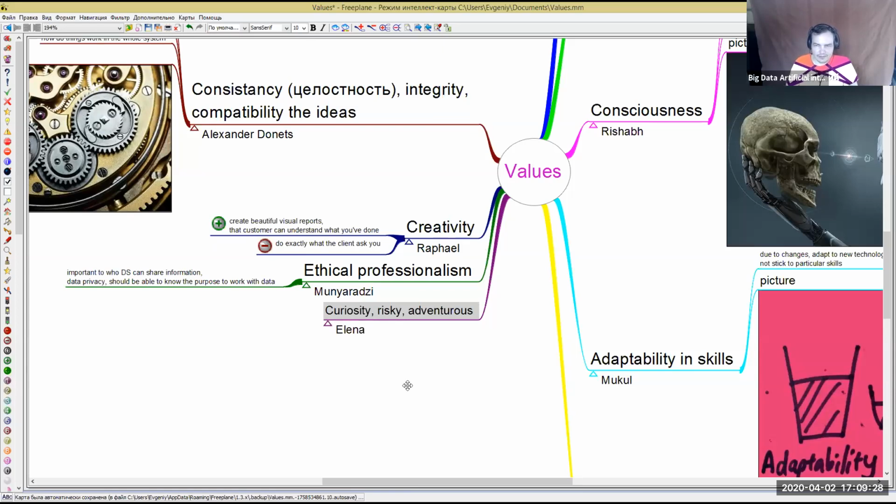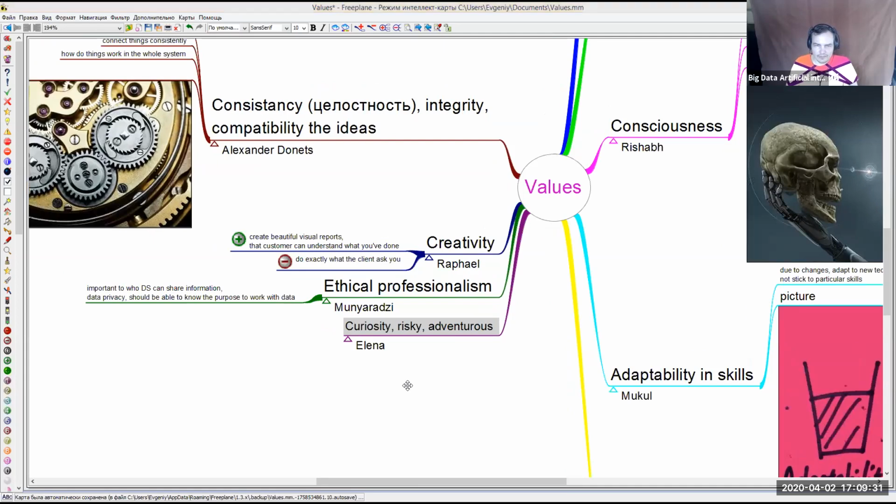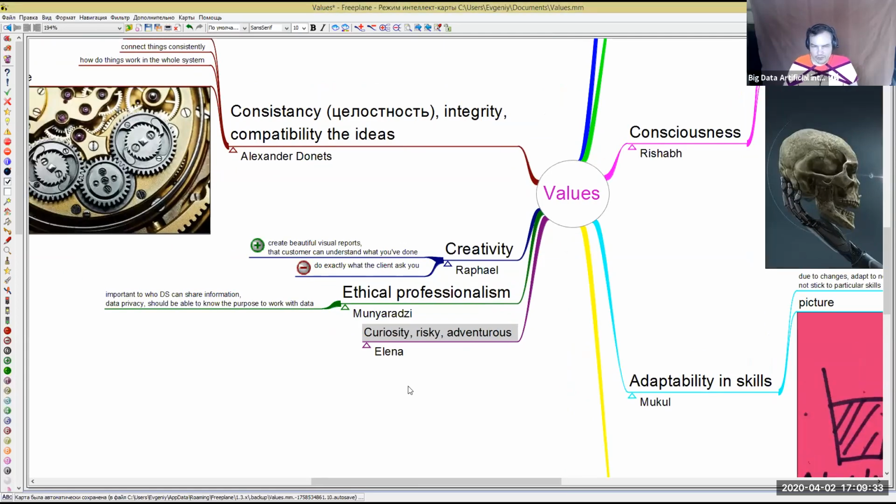Okay, so in the case of to put yourself into some risk, yeah, in order to take more advantages or more opportunities, or how to explain this curiosity?